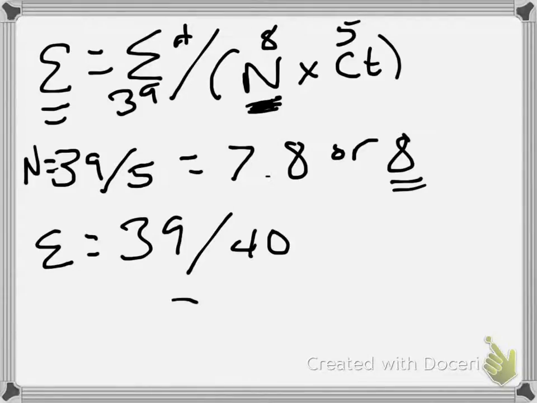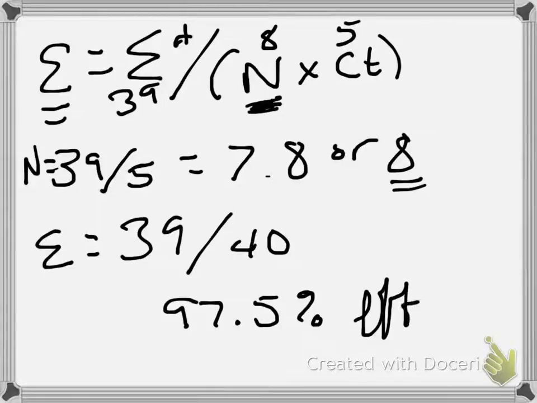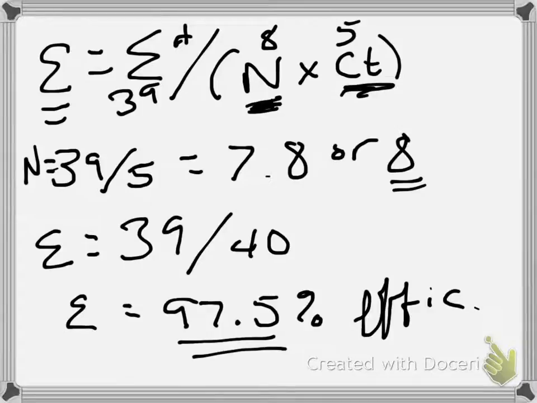Our efficiency is 97.5% efficient. That's the maximum efficiency we can achieve with a cycle time of 5 minutes. The minimum number of workstations with that cycle time is 8, and then we have our constant of 39 minutes.